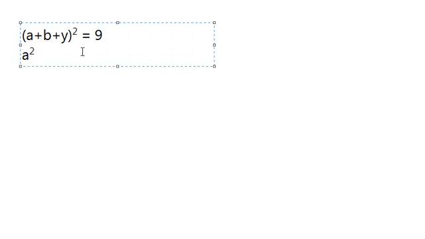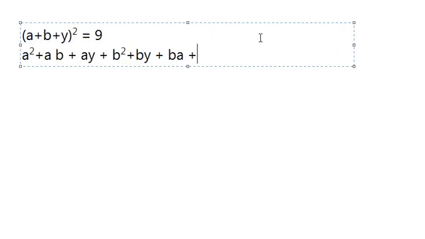A times A is A squared, A times B is AB, alpha beta, plus alpha gamma, plus beta squared, plus beta gamma, and also beta alpha, nearly forgot about that, plus gamma alpha plus gamma beta plus gamma squared.